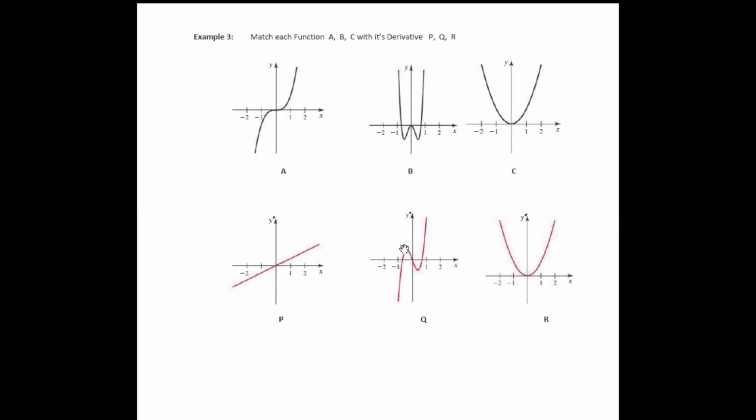Wouldn't that be here? And then it has a negative slope from here to here. Wouldn't that be below the x-axis? And it is. And then the slope is positive the rest of the way, and so wouldn't that be above the x-axis? And it is.